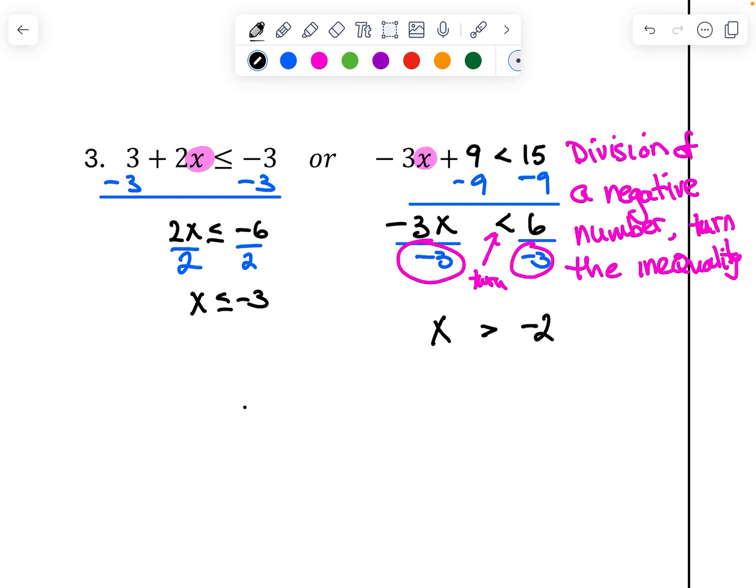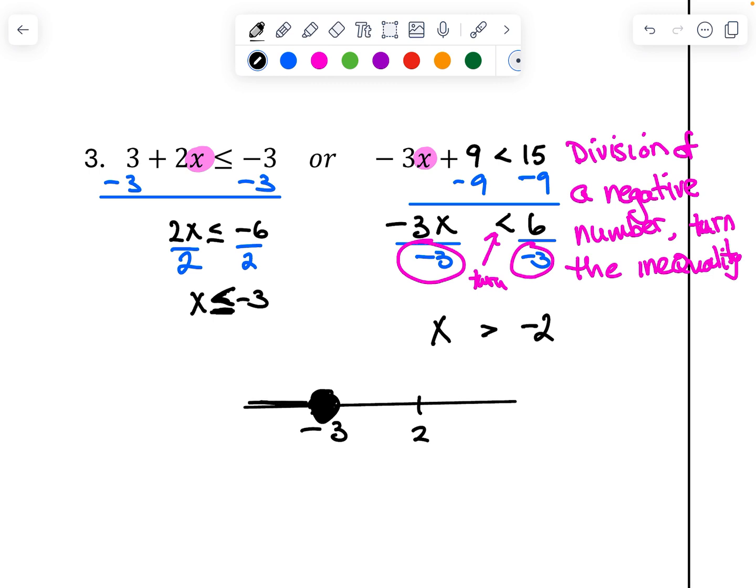So then on my number line, the numbers I'll worry about are negative 3 and negative 2. The one on the left says the x's are less than or equal to negative 3. So the negative 3 is solid because it's equal.